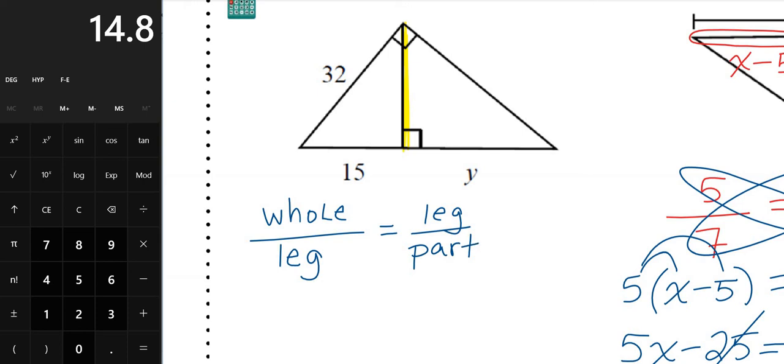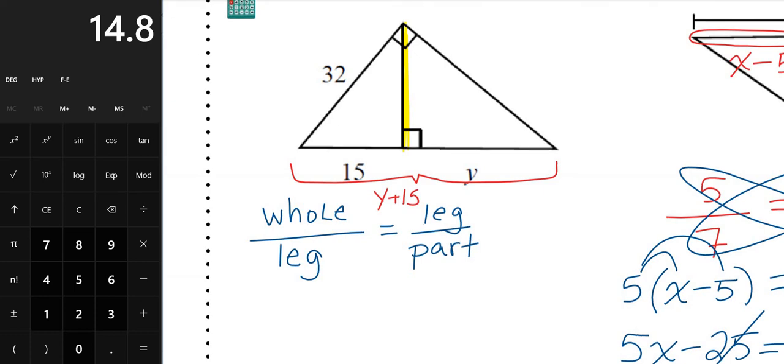Now, whole stands for the whole hypotenuse. So in this example, our whole hypotenuse, well, it's split up into two parts. It's 15 and y. So the whole hypotenuse would be y plus the 15. That's going to be the whole hypotenuse.